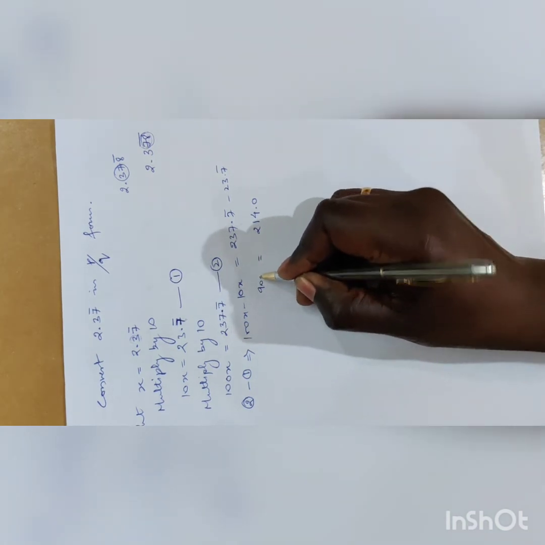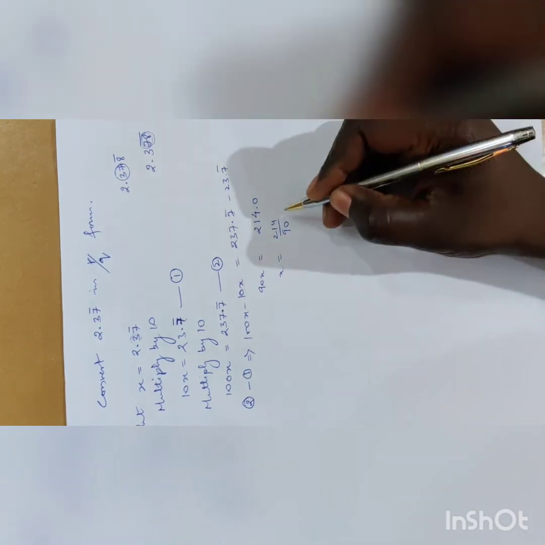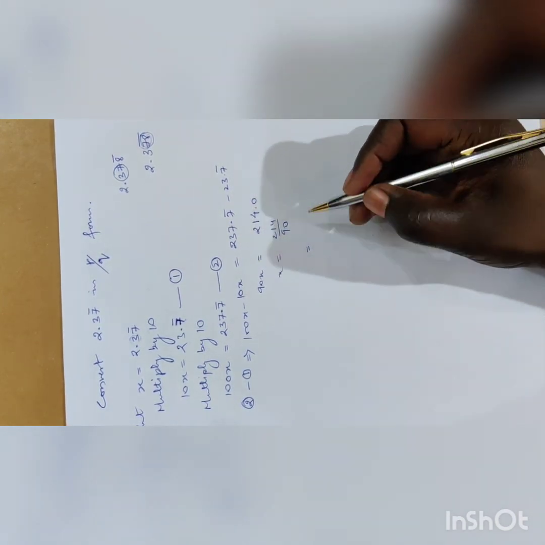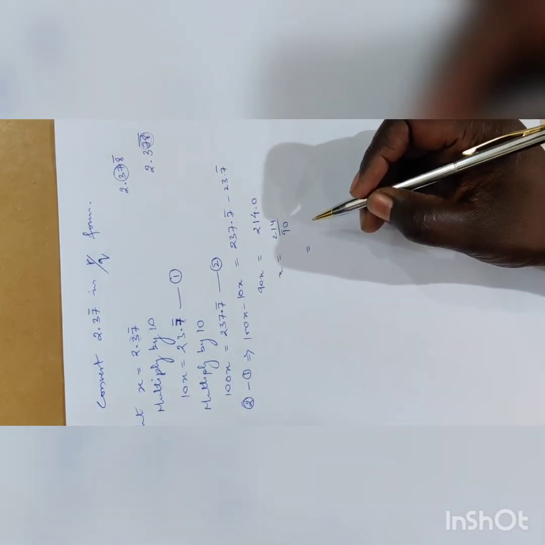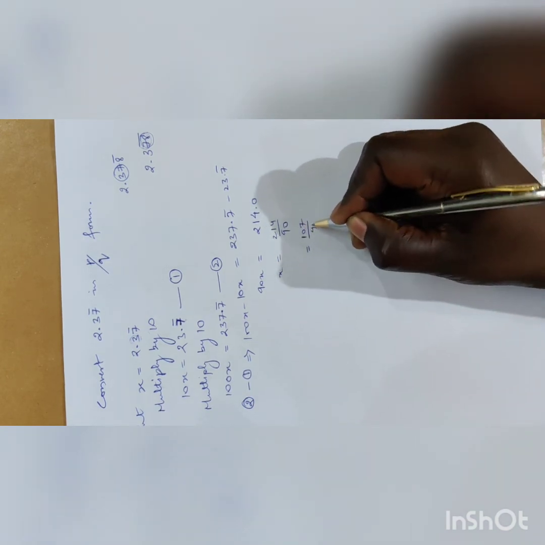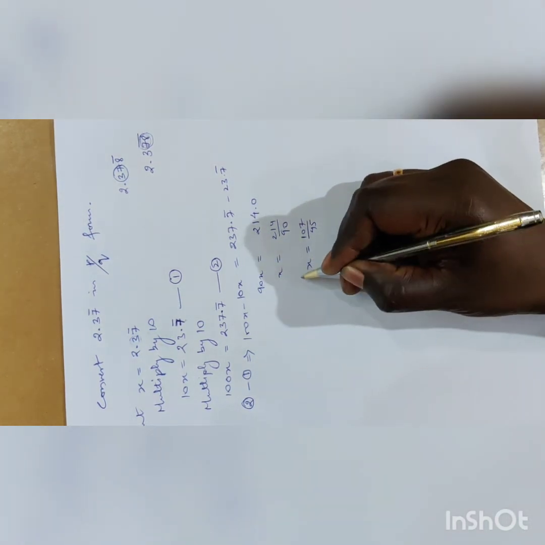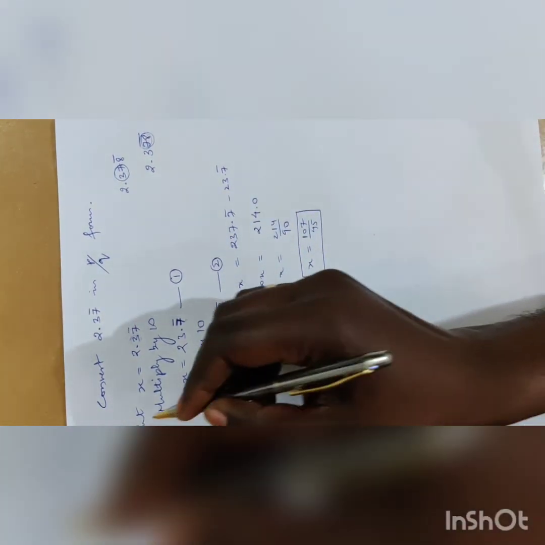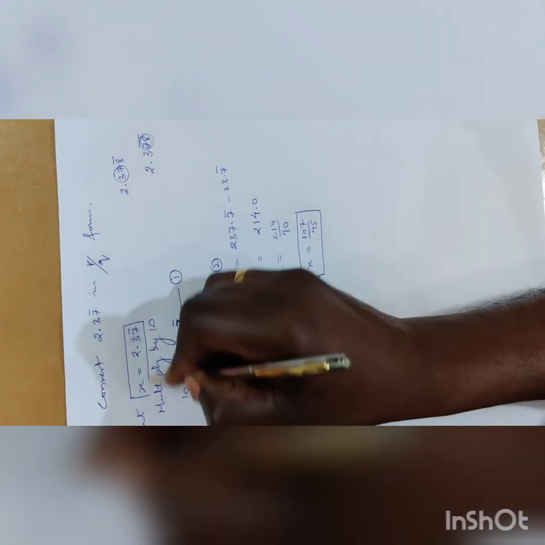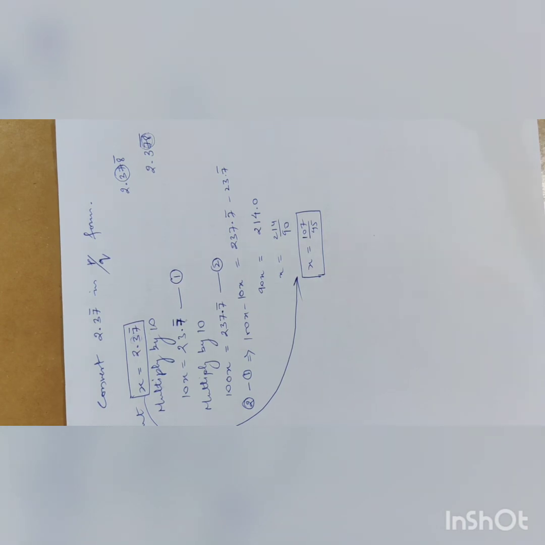This becomes 90x, so x is equal to 214 by 90, and you can further simplify this. So now what I have done, I have converted x which was in decimal to fraction. Hope this is clear to you.